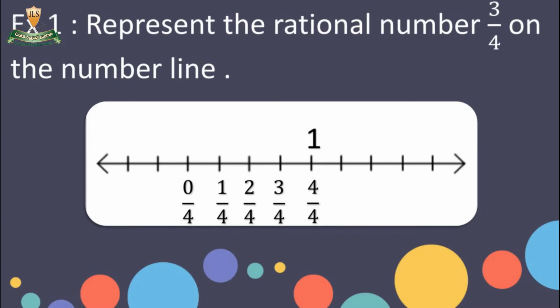And I know that 0 divided by any number is 0. So I represent the rational number 3/4, which lies between the two integers 0 and 1.